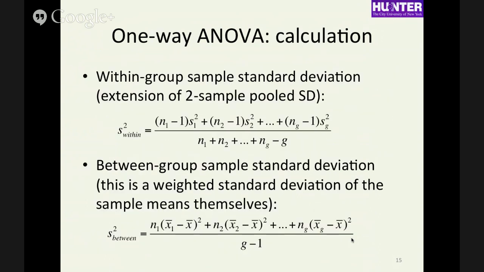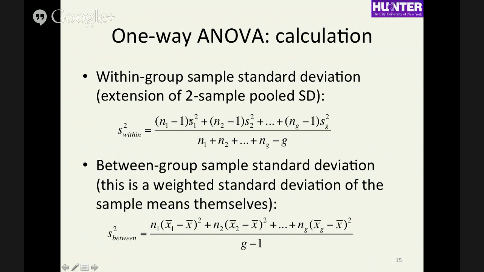Here's how you do an ANOVA. So you need 2 calculations, and we looked at them visually before. There's a variance within groups and the variance between groups. So let's look at the variance within groups calculation. S1, S2, these are just the standard deviations estimated for each of the groups.